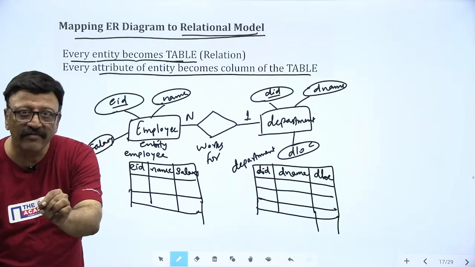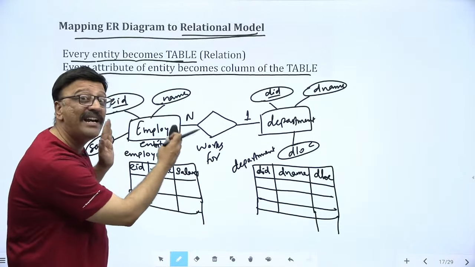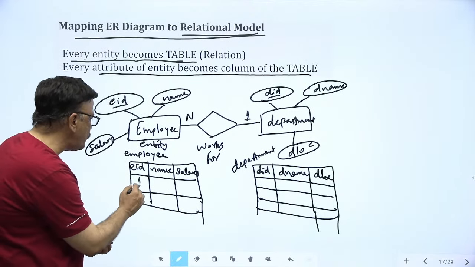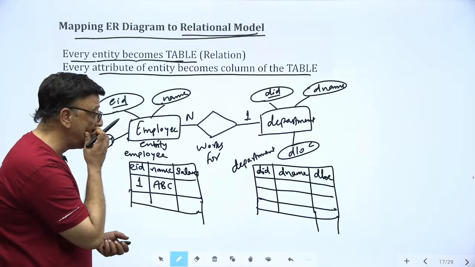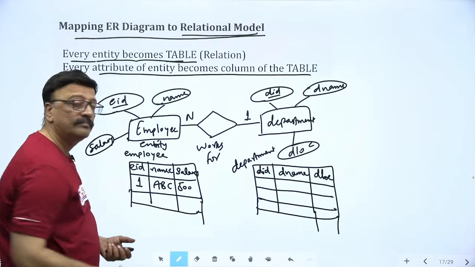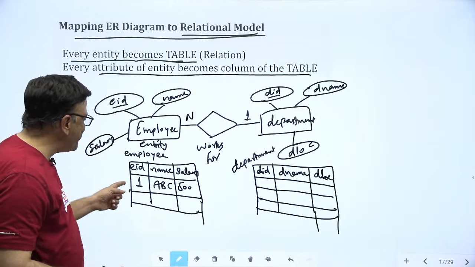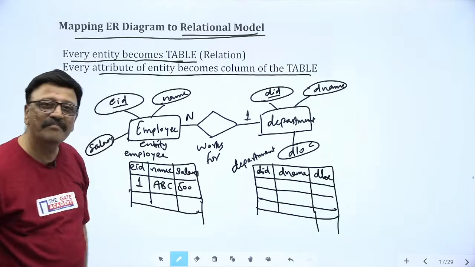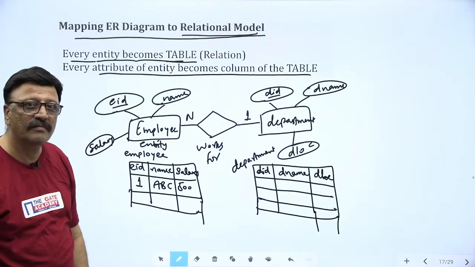Think of this as a separate file or a separate register. When you open this register, you may see employee number 1 named ABC, let's think of an arbitrary name, and salary, let's say, 500, whatever. But there is no track of which department this person is working in. What's the use of such a file or such information?